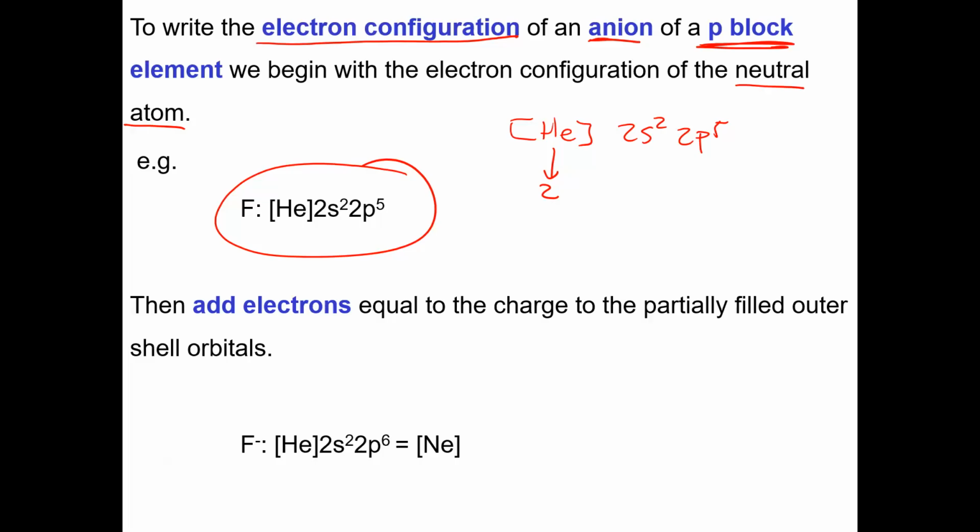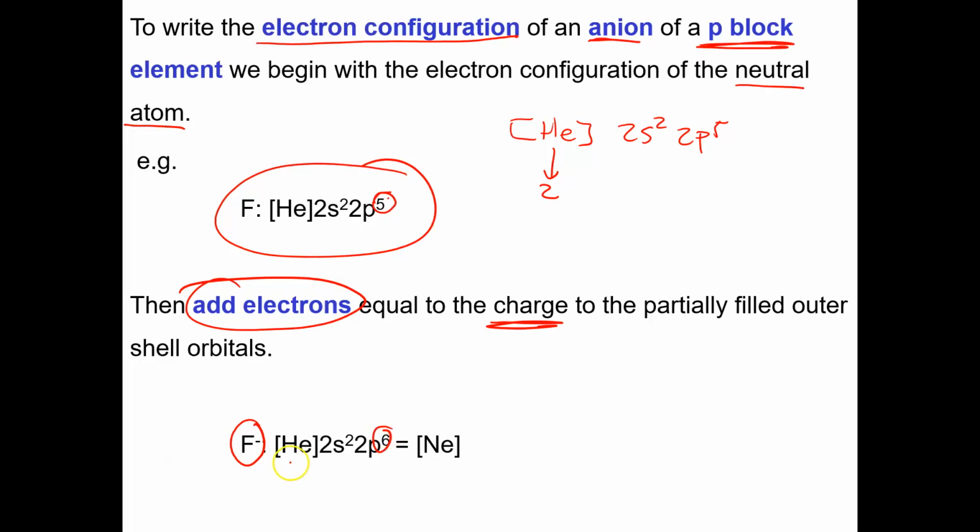So to write the electron configuration of the anion, we have to add electrons, because electrons are negatively charged, equal to the size of the negative charge, and we're going to put those into any partially filled orbitals. Fluorine forms a 1- anion, so we're going to add just 1 electron to the partially filled 2p subshell, and that'll give us 2p6.